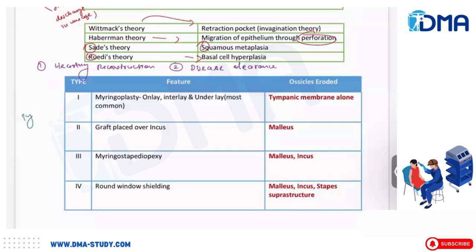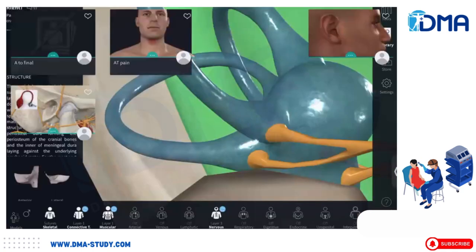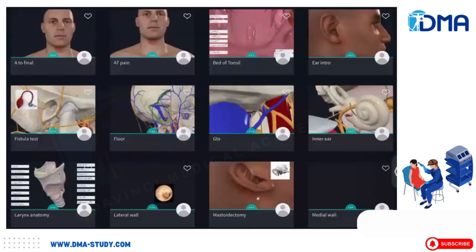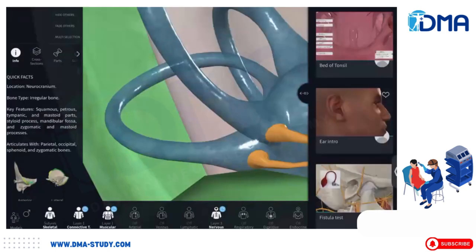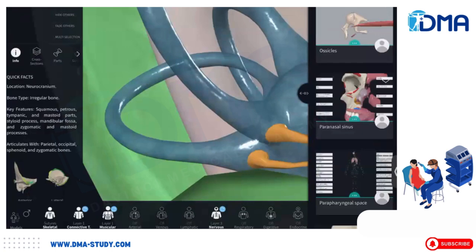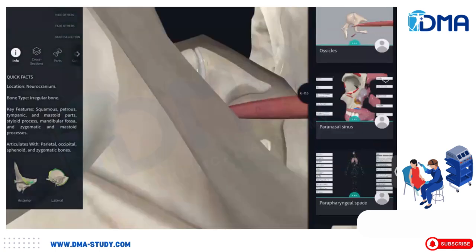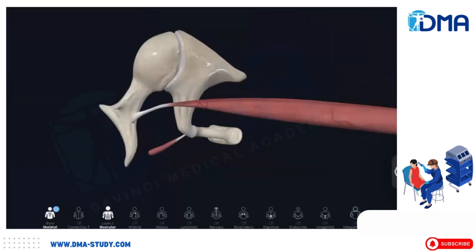So, type 1 myringoplasty. Just look into this. So we are having ossicles. Can you look at the ossicles? See, pa. So these are the ossicles.